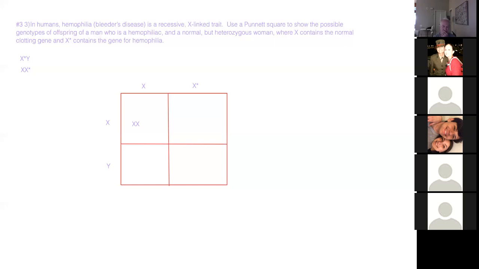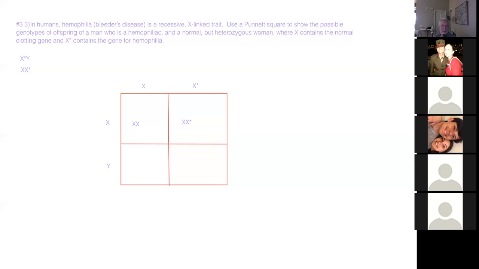Crossing the next one to the right, I'm going to get X and X asterisk. This is going to be a female who is a carrier, but not afflicted with the disease. In order to be afflicted, she would have to have 2 asterisks, X asterisk, X asterisk. She doesn't have that, so she's just a carrier.